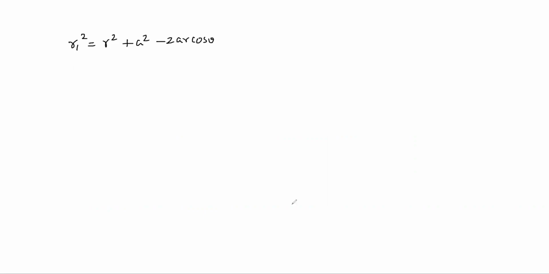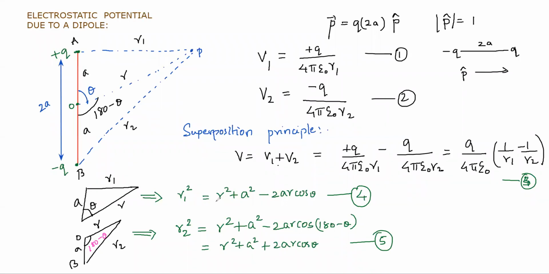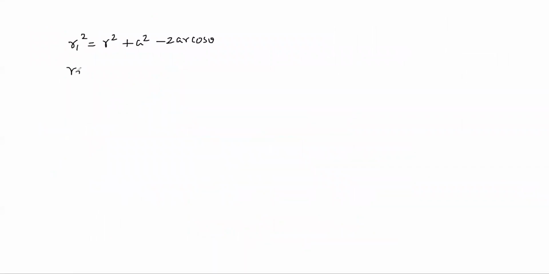You can cross check it. And the second expression, equation 5, R2 square equal to R square plus A square plus 2AR cos theta. So equation number 4 and equation number 5 we have rewritten again.